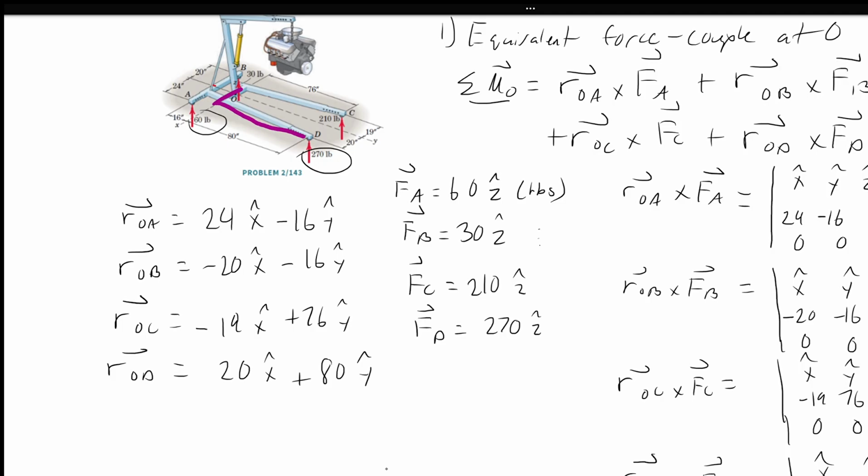20, 80, 0, 0, 0, 270. 20 times 270 should be 540, or 5,400 rather, right? 2 times 27 is 54, add 2 zeros, yes.